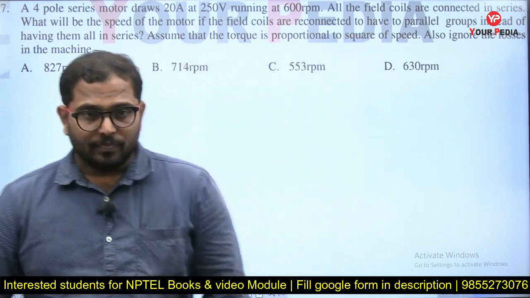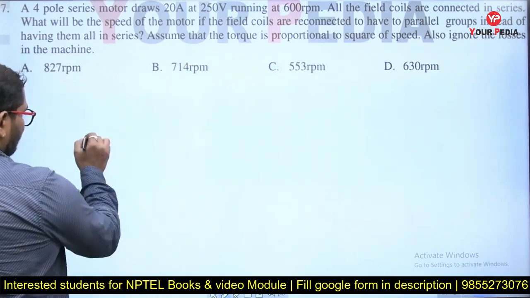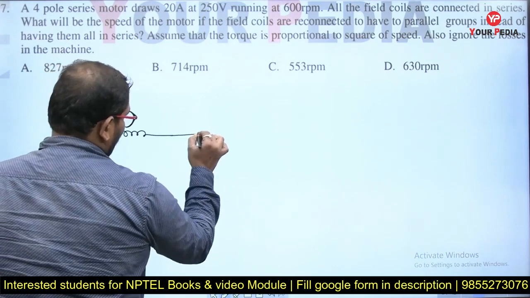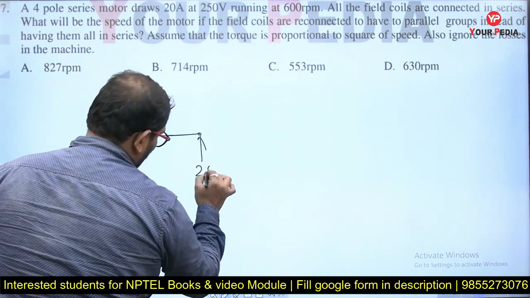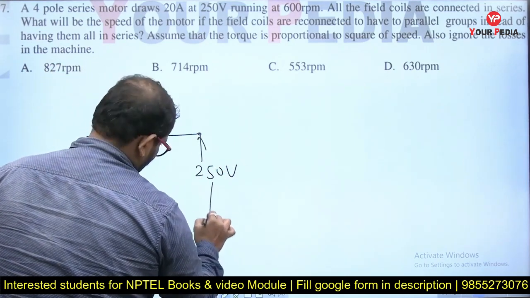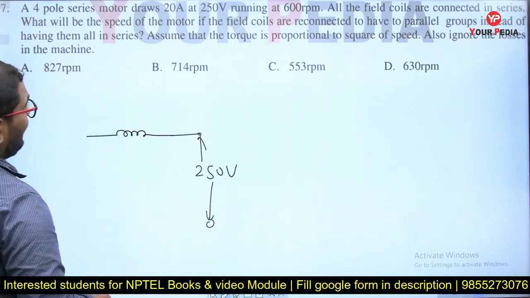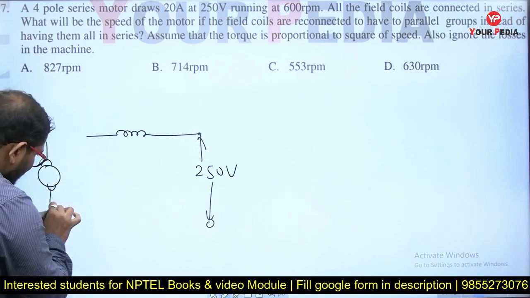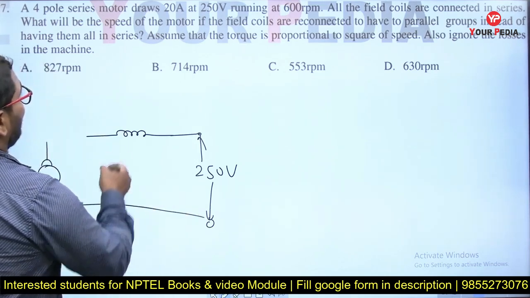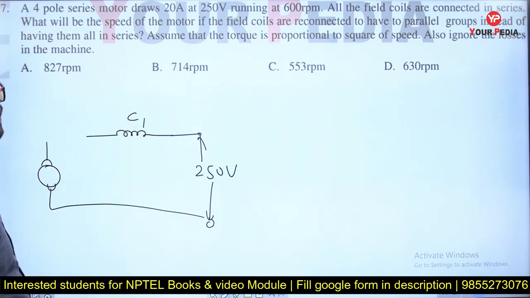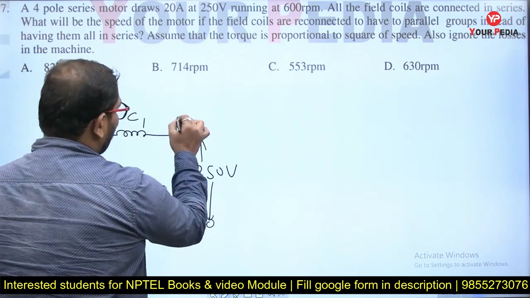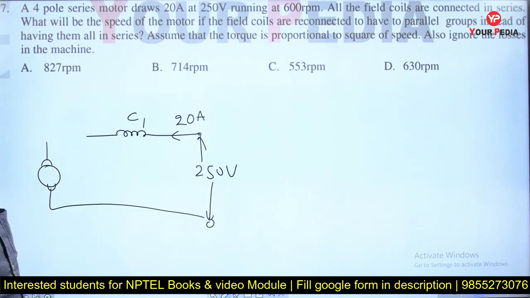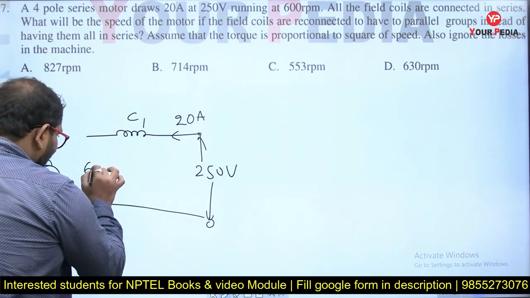Initially this is a series motor connected to a 250 volts supply, with series coil 1, drawing a current of 20 amperes from the 250 volts supply, running at 600 rpm.